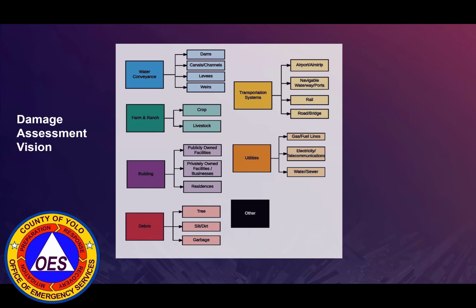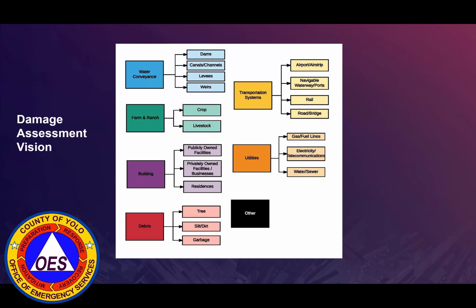When we look at how our Survey 123 is built, the entire thing is built on logic. We designed the logic so that ESRI could help us program the Survey 123. We broke it into, as you can see here, 7 major categories. We feel like most things could be reported under any one of these categories.